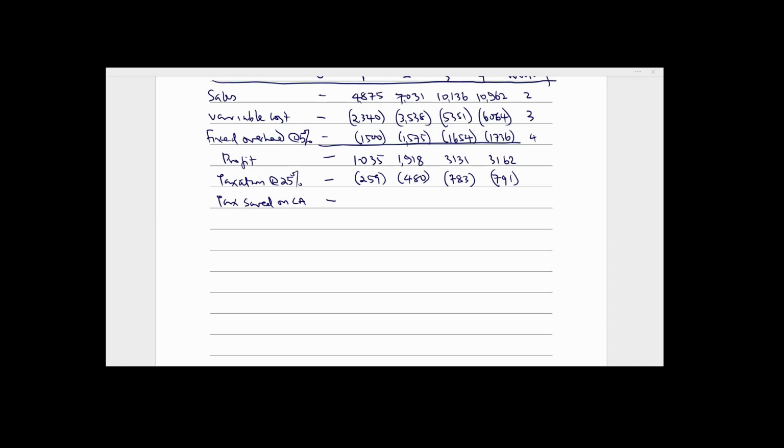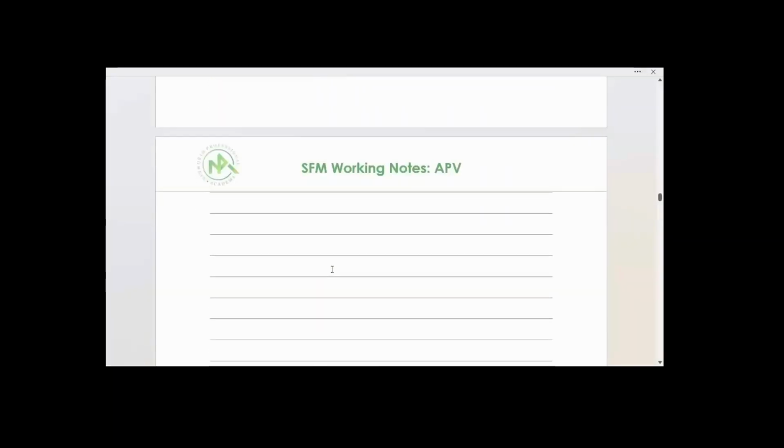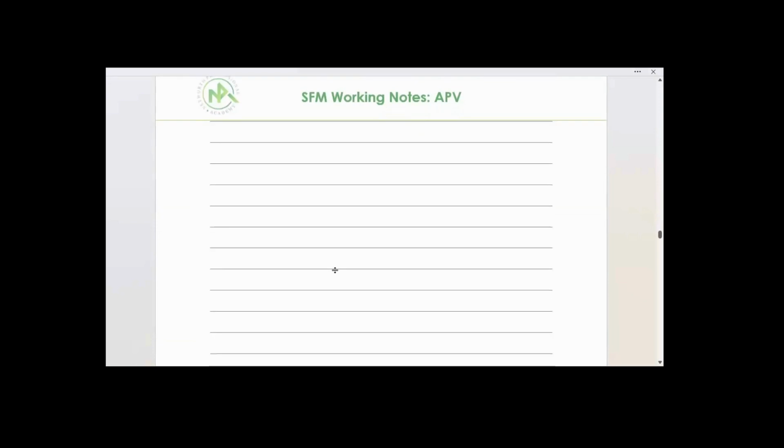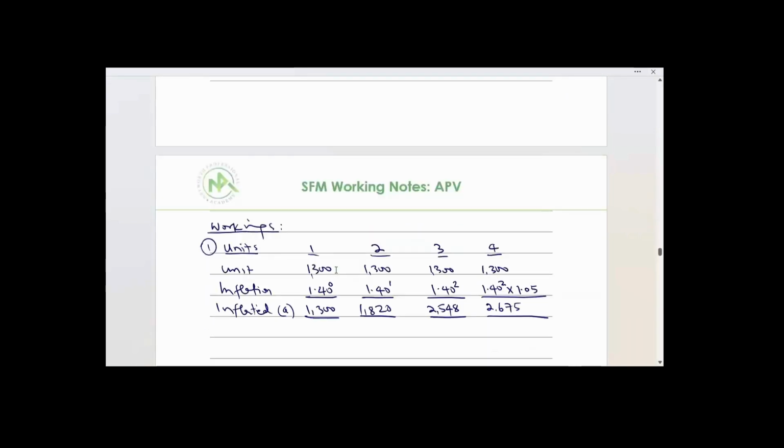So if that is the case, let's go and calculate our capital allowance. Working number 5, capital allowance. Since it's on a straight line basis, I don't need to waste my time.